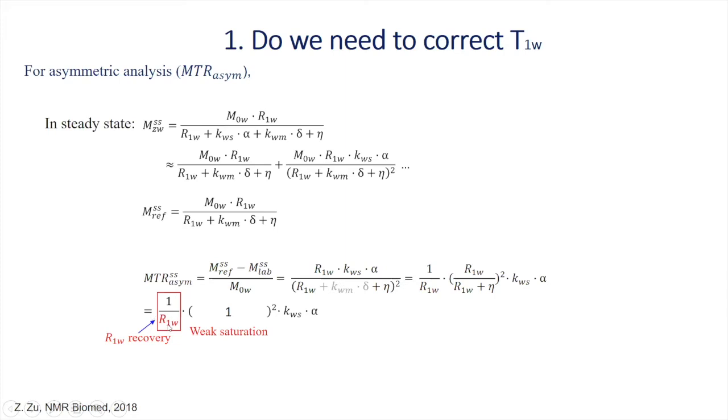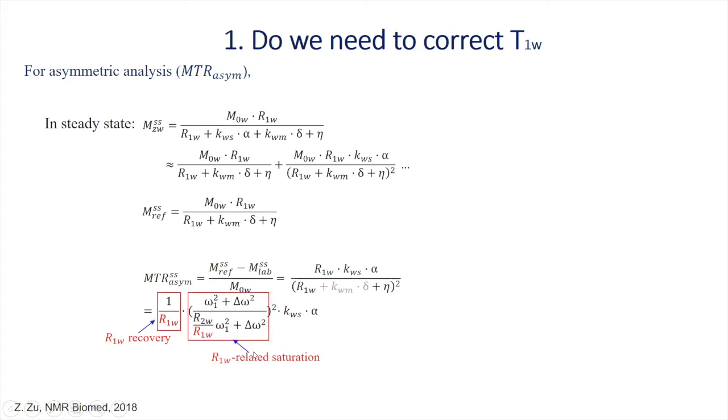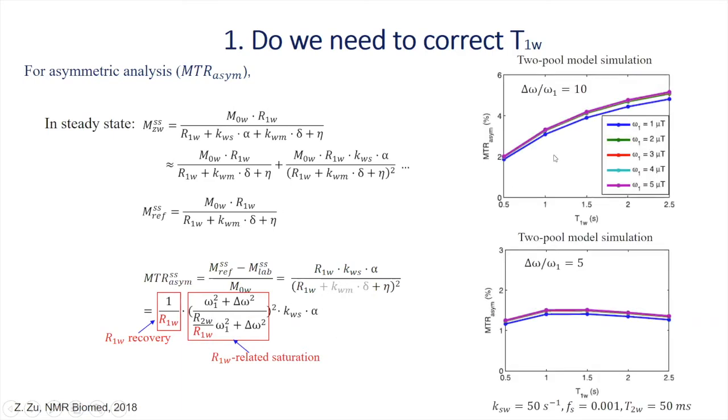So we term this factor the R1 recovery term. So now we have two factors and two R1 terms, and we can find that the two R1 terms have inverse influence on MTR asym. So it's possible that we adjust omega 1 so that the MTR asym is roughly independent of R1.